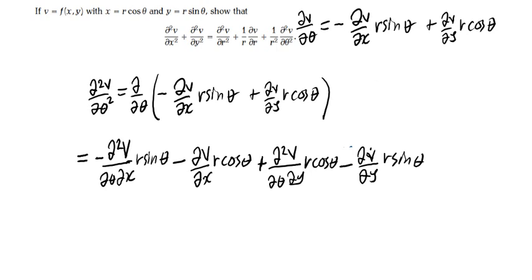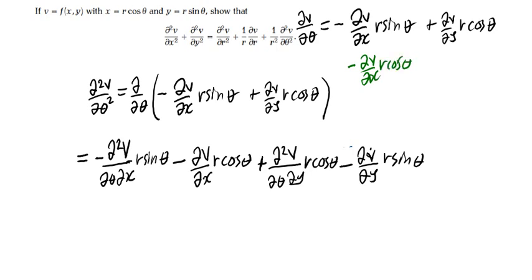So what I want you to keep in mind is the fact that within this we have this portion here, and I'm going to write it the way it is. We have the minus partial of v with respect to x, then r cos theta.